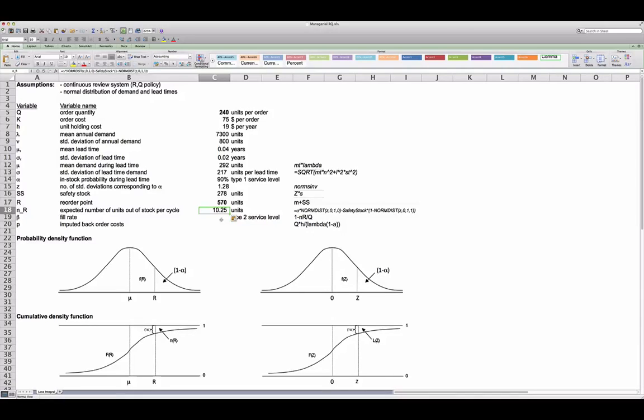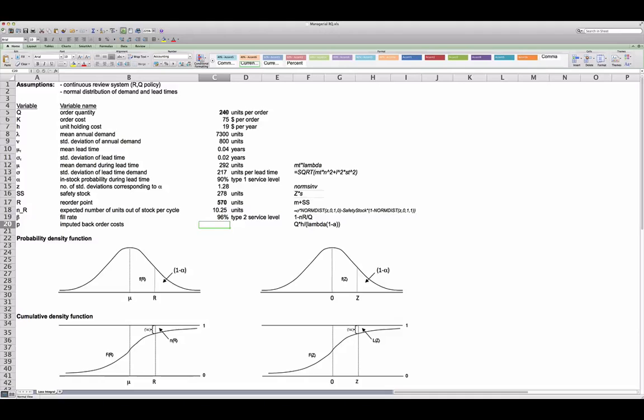And this means that given these values of Q and R, I would on average expect to stock out 10.25 units per order cycle. Now that I have this value, I can also calculate the fill rate, which of course is 1 minus N of R over Q. So you see, I would get a fill rate of about 96%. And now it's up to the manager, of course, whether that's actually an acceptable value or not.